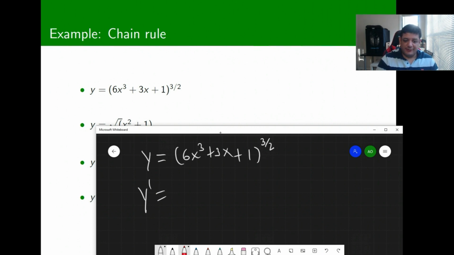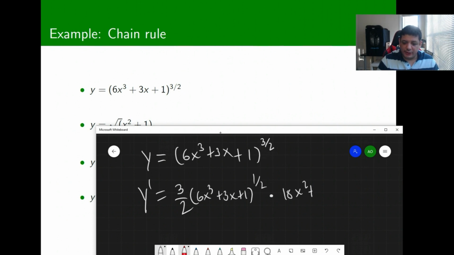So now this is a power to the 3 halves. So I put down the 3 halves. I leave the same thing that is inside. Subtract 1, so I get to the 1 half. And now I multiply by the derivative of the function inside. So that's going to be 18x squared plus 3. And that's it. This is the end of this example.